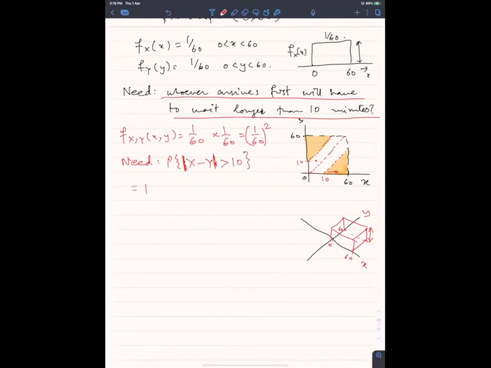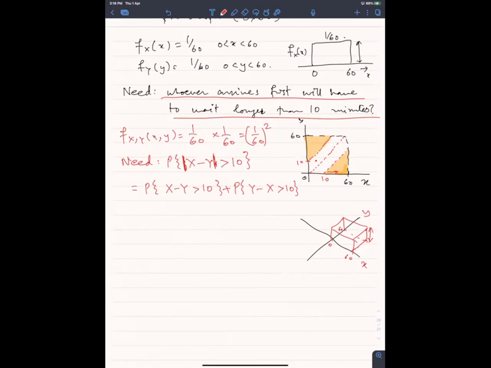So which means the probability x minus y is greater than 10 plus the probability y minus x is greater than 10. ये भी तो हो सकता है कि एक पहले आए और दूसरा बाद में आएगा, ये भी हो सकता है दूसरा वाला पहले, and each one of them can arrive earlier.